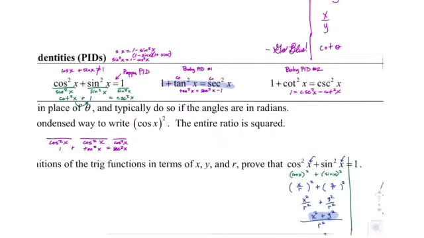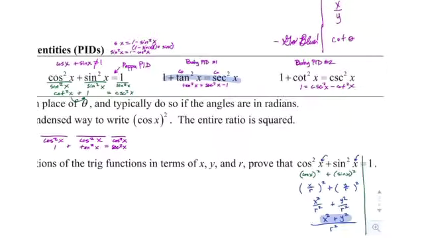They're the PIDs, right? The PIDs. They're going to show up quite a bit. So remember, you're not just memorizing that cosine squared plus sine squared is 1 and the other 2. What you need to understand is that you can relate cosine squared to sine squared and vice versa. You can always relate tangent squared to secant squared, and you can always relate cosecant squared to cotangent squared.